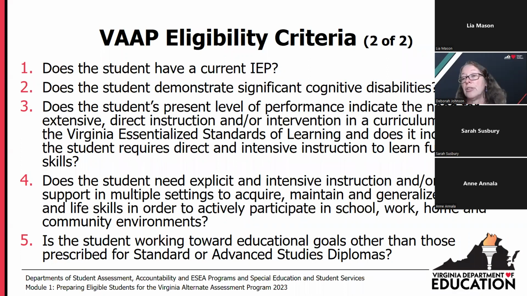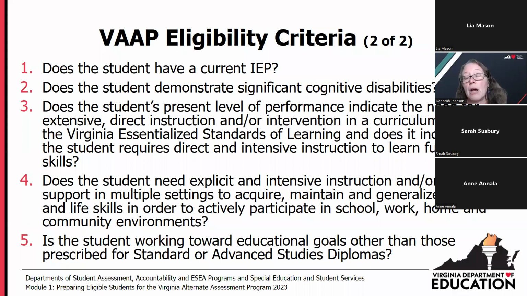First of all, does the student have a current IEP? Students with 504 plans are not eligible to participate in the alternate assessment, so the student has to have an IEP. The student has to demonstrate significant cognitive disabilities, which we have the guidance document there to help walk you through that process.